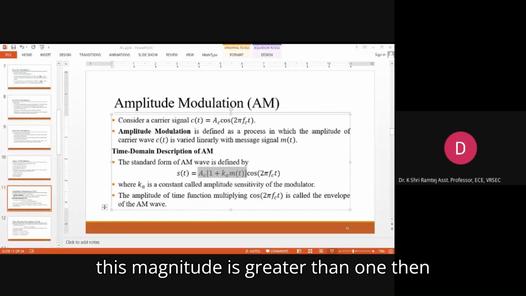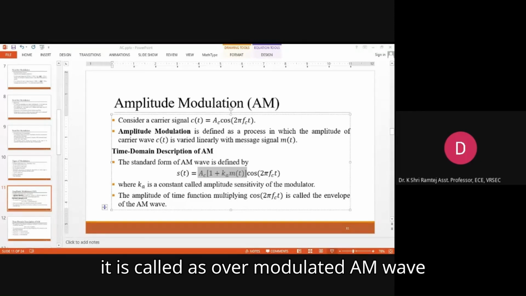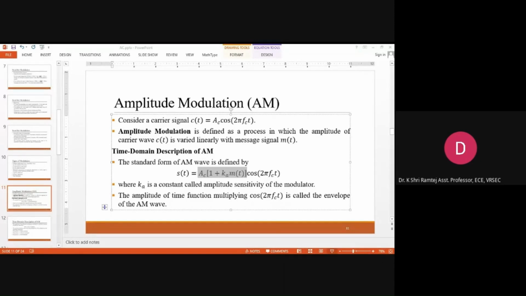And if this magnitude is greater than 1, then it is called an over modulated AM wave. So these three cases will depend on the value of Ka.